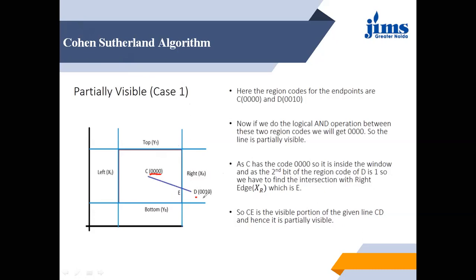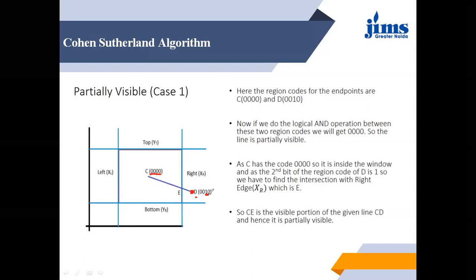So first we have to find out whether the second point of the line is in the right, left, top, or bottom. This can be easily found out by the region coordinate of the point.